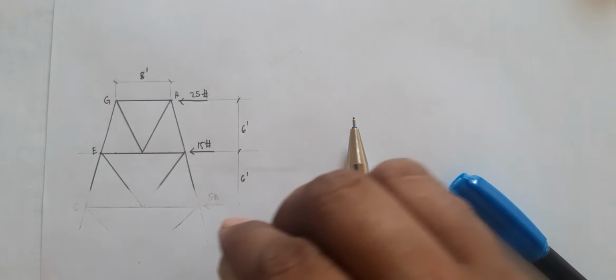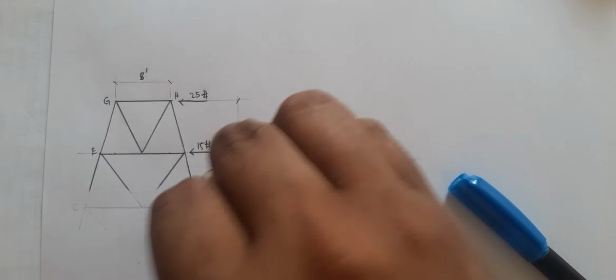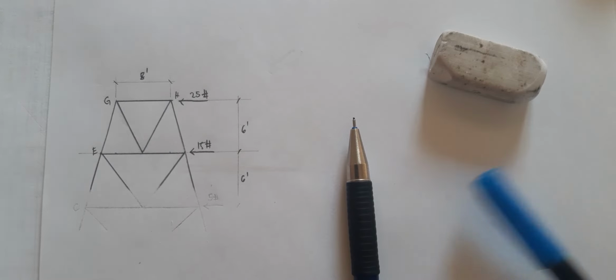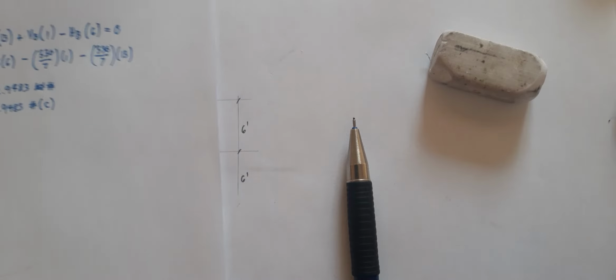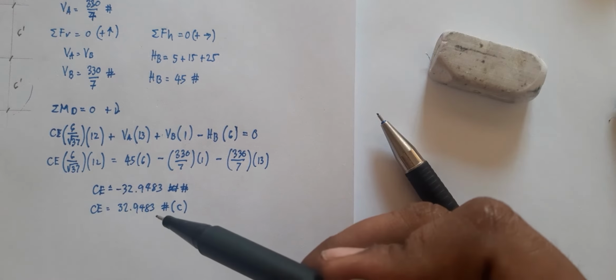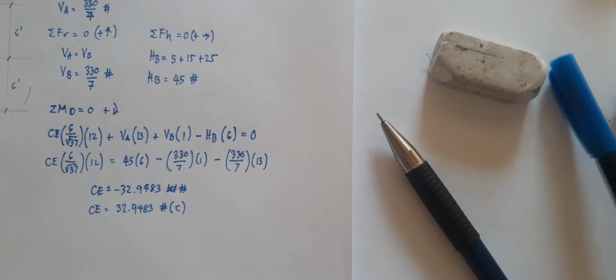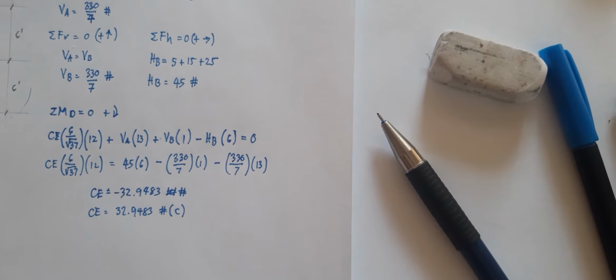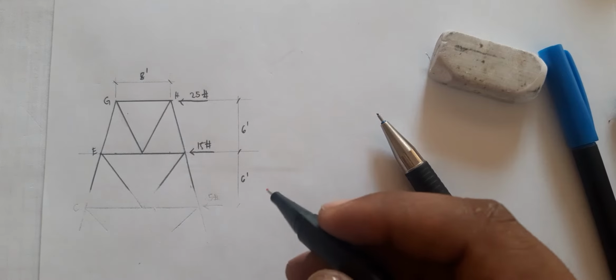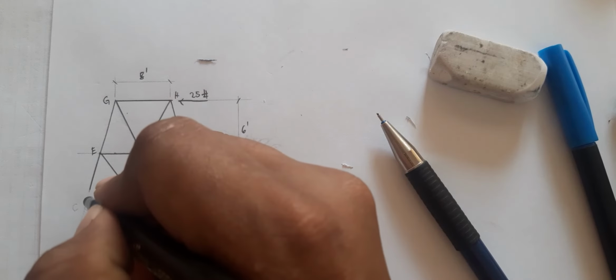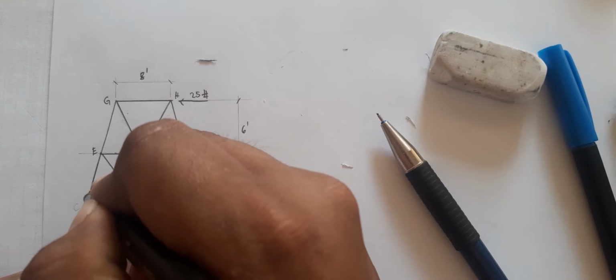There you go. Okay? So, we now have the calculated value for CE. Going back, CE there is 32.9483. If I were to utilize the correct sign, that would be under compression. So, let's say that this one is in this direction.